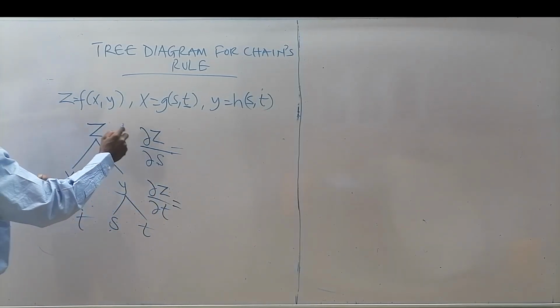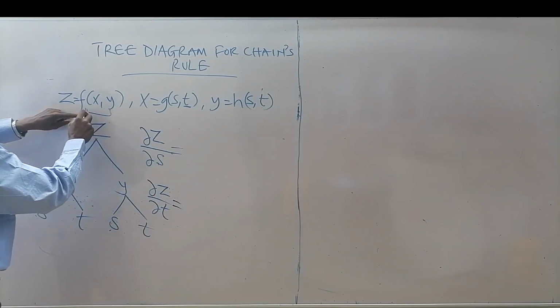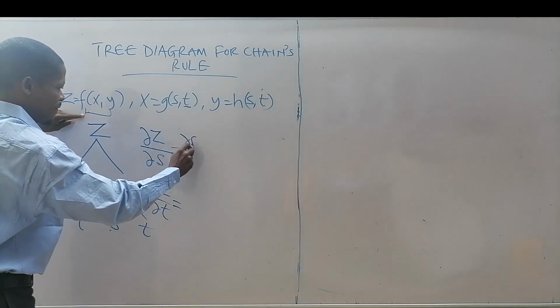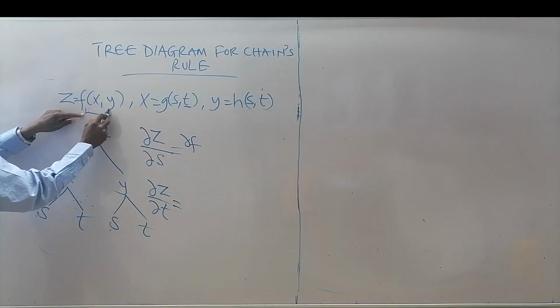So let's see the equation for that. We can write this as what? Del f is a function of two variables.